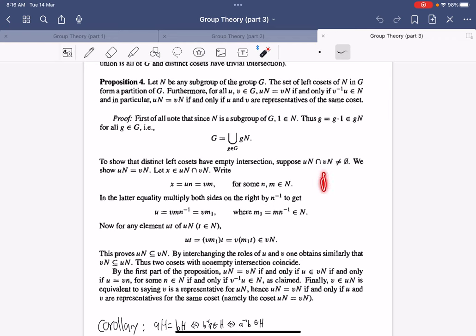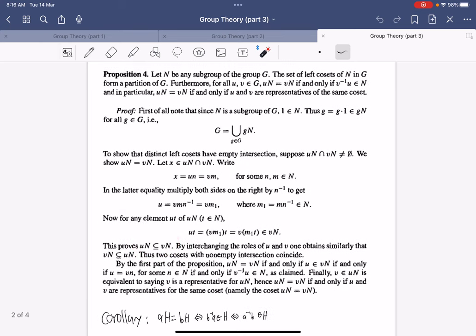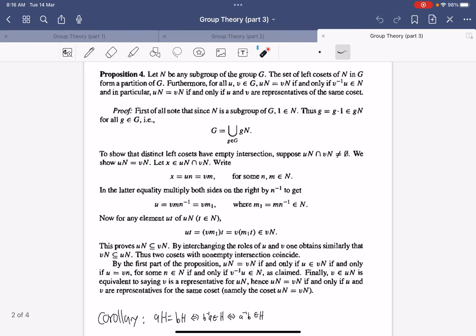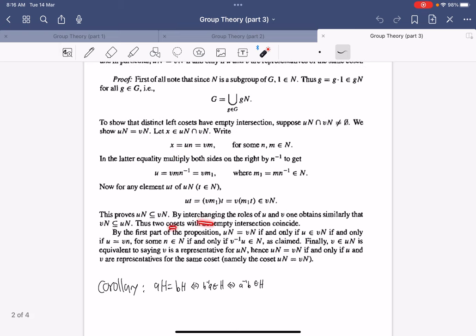And we know that m and n are elements of capital N, so m n inverse is an element of N. So we know that for any element of uN, it equals some element in vN. This proves that uN is a subset of vN, and you can likewise do the reverse inclusion by multiplying with m inverse. This shows that two cosets with non-empty intersection must be the same coset.